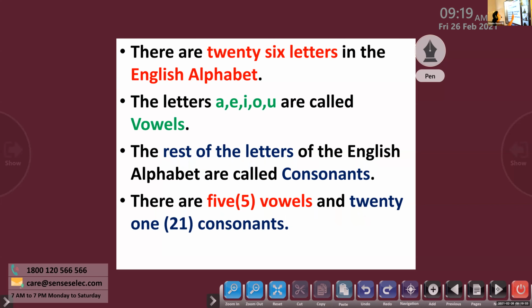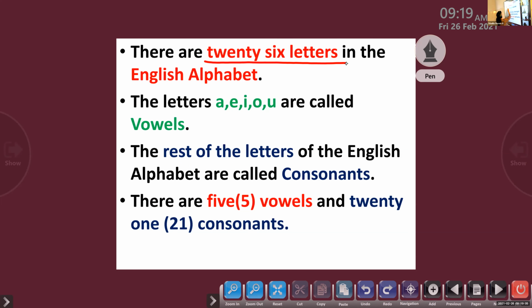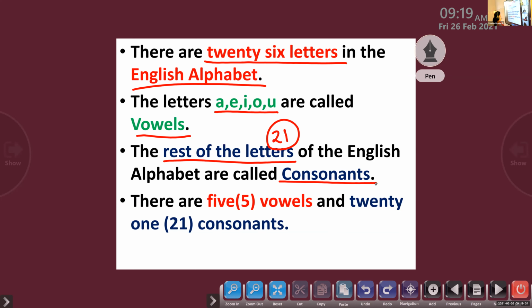Out of these 26 letters, 5 letters, that is A, E, I, O, U, are called the vowels, and the rest of the letters, that is 21, are called consonants.